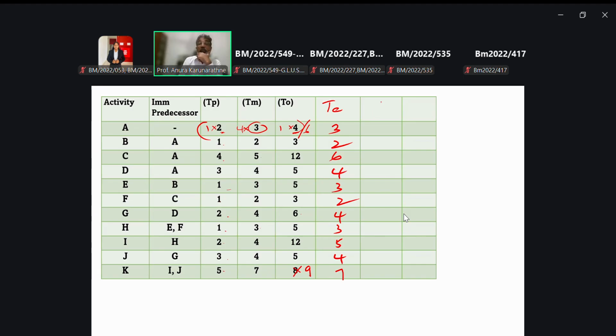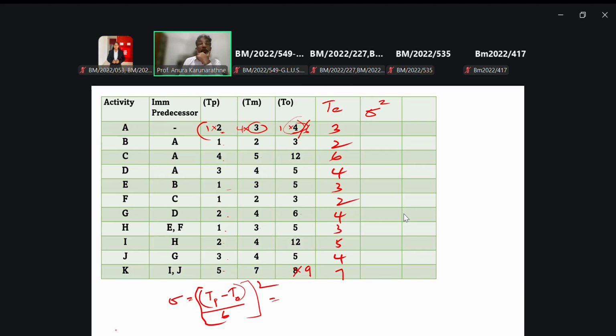Then take the variance. You know that variance equals time pessimistic minus time optimistic, divided by 6, and take the square of it. Right? So how to do that?